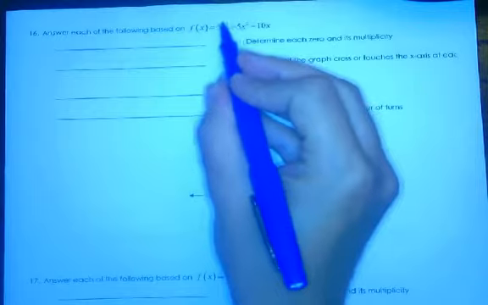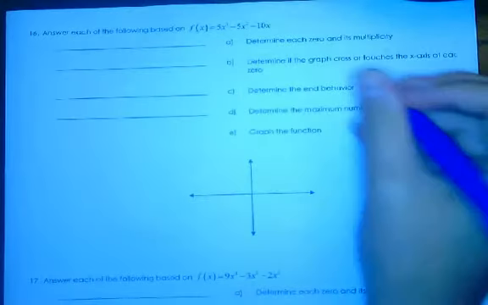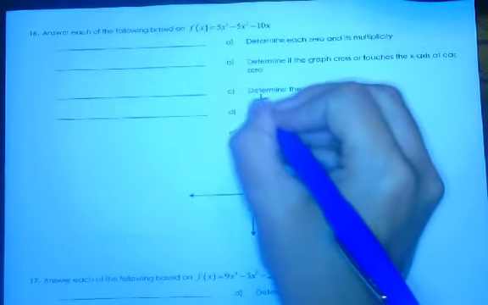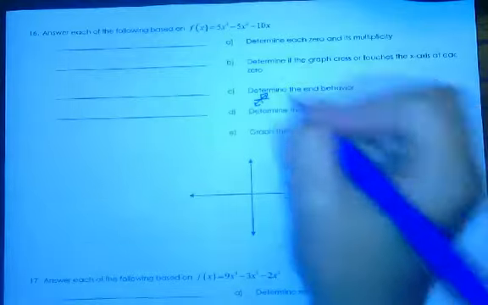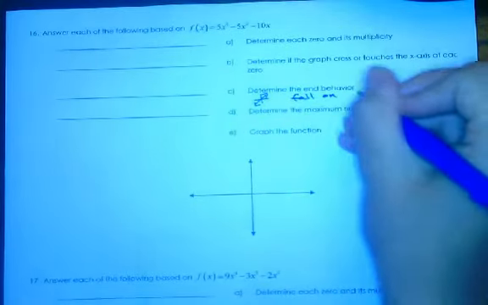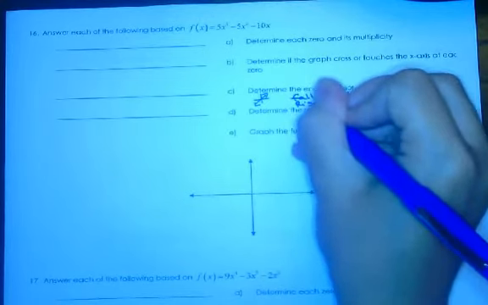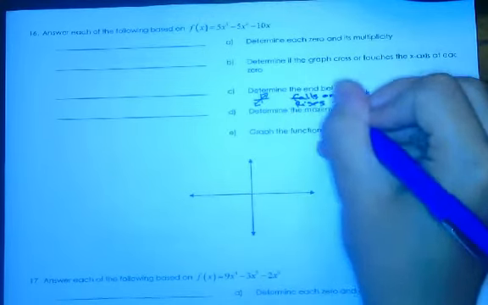So because it's a 3 as the degree, I know it's doing different things on either end. And because it's positive, I'm kind of thinking of y equals x, right? So it falls on the left, and it rises on the right-hand side, okay?